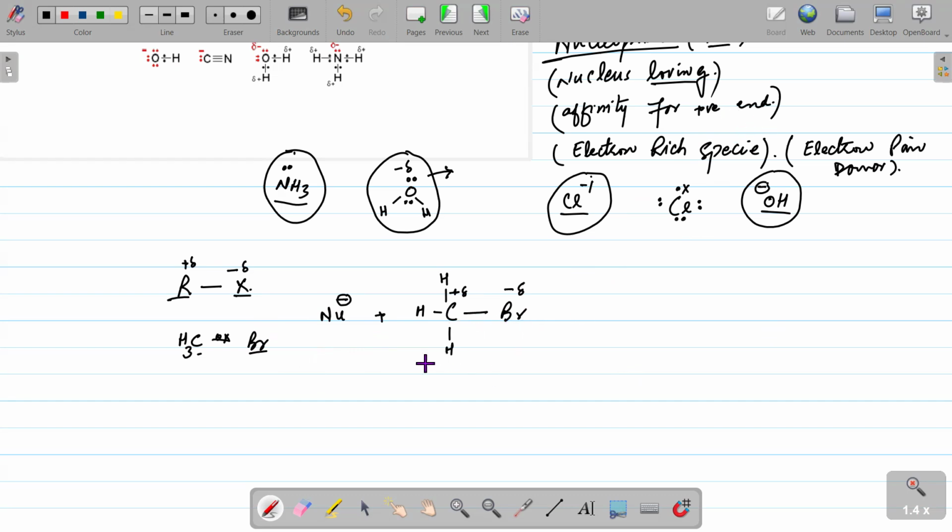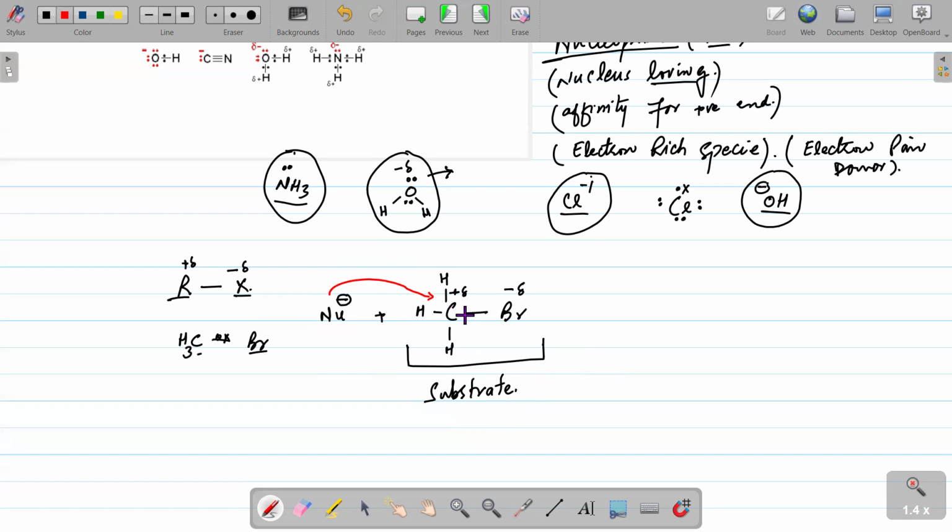This molecule, which is a halogenoalkane, I can call the substrate. The substrate is a halogenoalkane molecule on which the nucleophile attacks. According to its nature, the nucleophile will definitely attack this partial positive carbon.